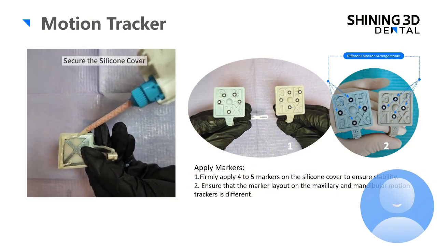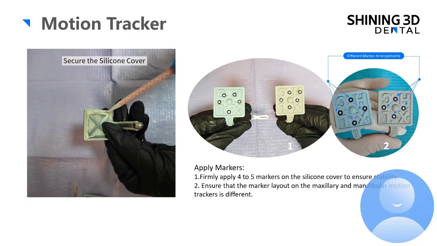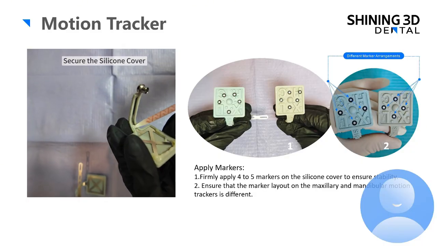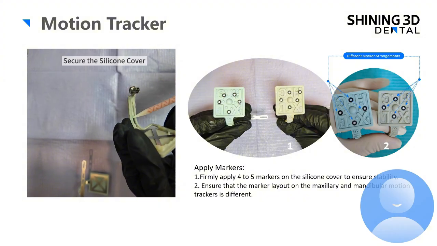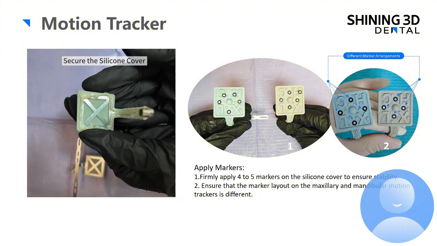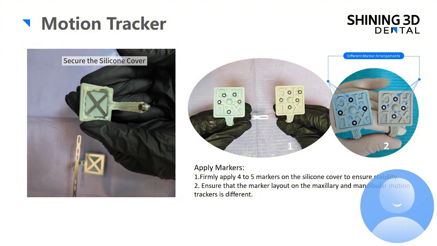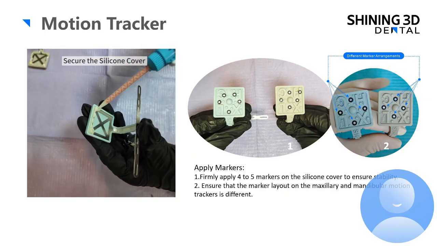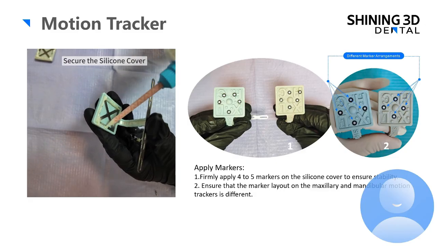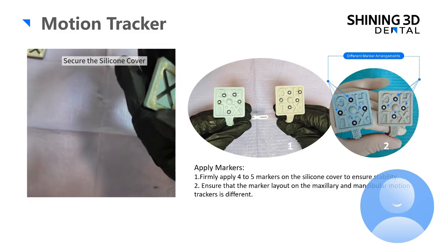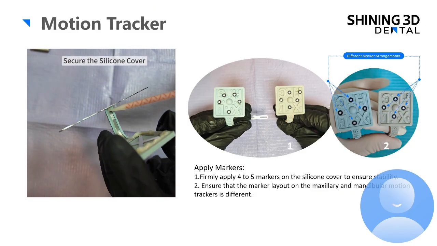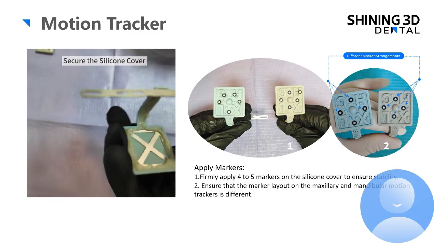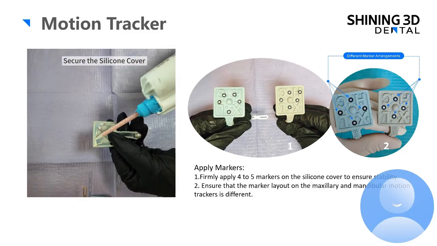As for the motion tracker, we recommend to secure the silicone cover using a temporary resin with the main part of the motion tracker to make sure it is stably attached to the main part of the motion tracker. As for the markers, firmly apply 4 to 5 markers on the silicone cover to ensure stability, and also ensure the marker layout on the maxilla and mandibular motion trackers is different.